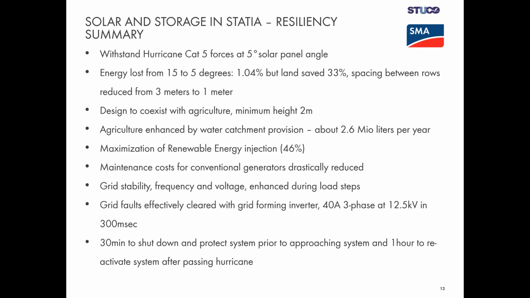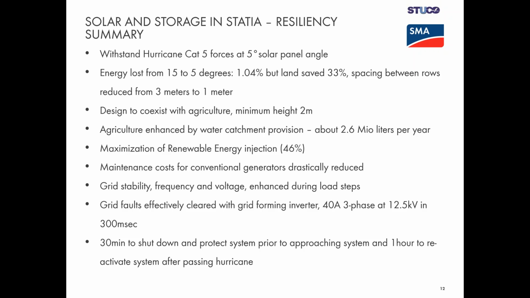And of course, when going to diesel off mode, you have to be able to deal with transients on the grid, such as grid faults. I can tell you that with our conventional diesel generating plant, we can only clear up to a 20 amp 3-phase fault without causing a shutdown.